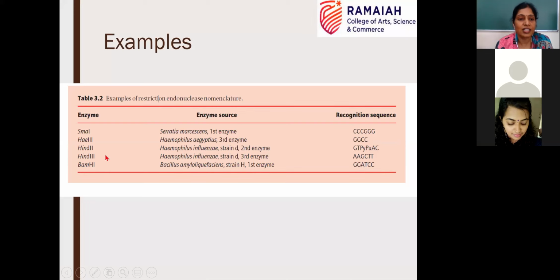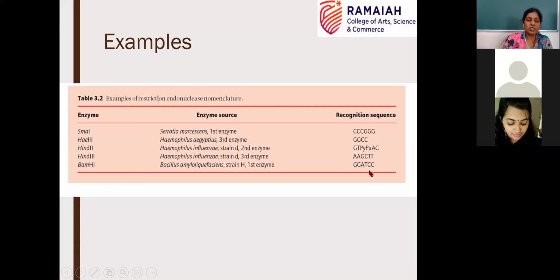Here strain d, that is why d is taken. And this is the second enzyme, Roman numeral II. Third enzyme, Roman numeral III. The other enzyme, BamHI, from Bacillus amyloliquefaciens, strain H: B, AM, H is from the strain, first enzyme, it is I. The recognition sequence is given.